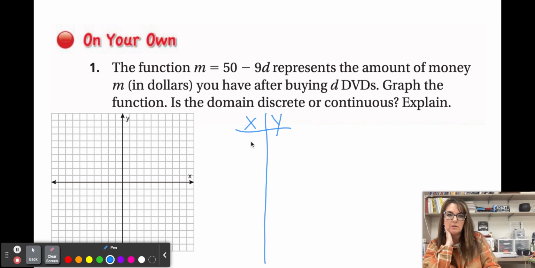Do negative numbers have any application here? This is actually d and this is actually m, we're talking about DVDs, so negative values don't have meaning. So I definitely want to start with 0. And I'm going to use whole numbers, because would half a DVD make sense? That might help us answer the question.